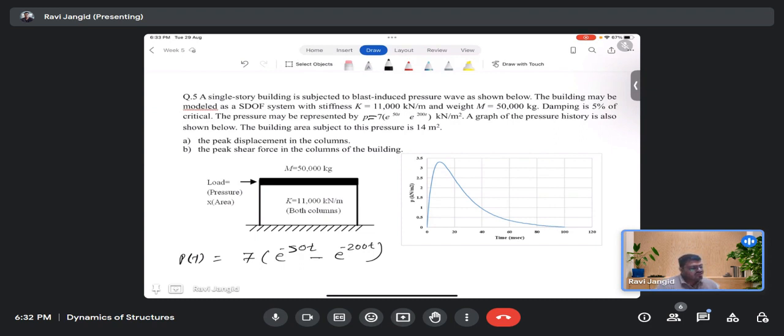Okay, so we need to find out, and the building area which is subjected to the pressure is 14 meter square. We need to find out the peak displacement in the column and the shear forces in the column.